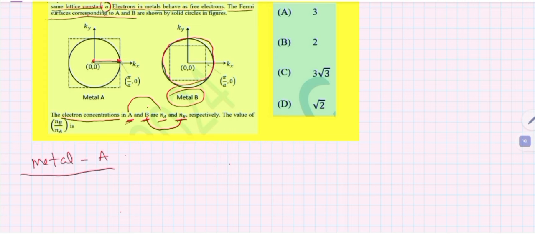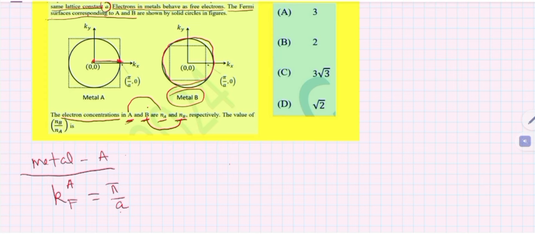So we want to calculate the Fermi surface radius for metal A, which is equal to pi by A, because the Fermi surface and the Brillouin zone boundaries are at the same point.